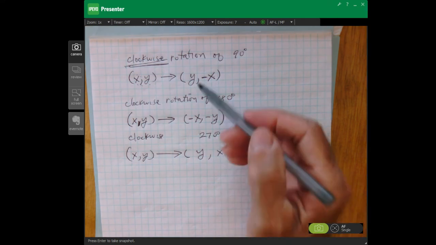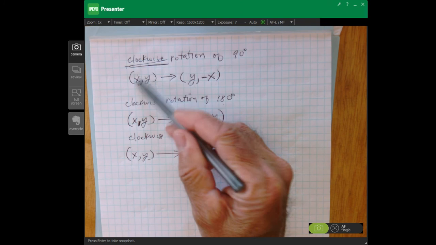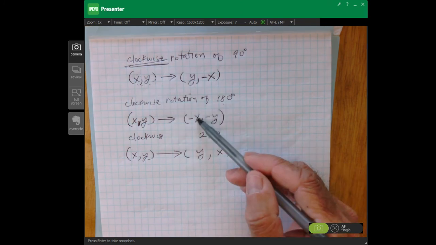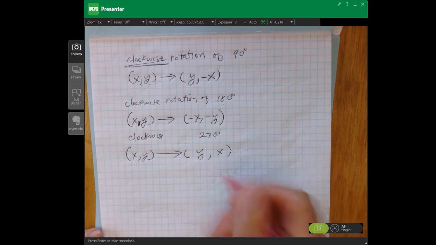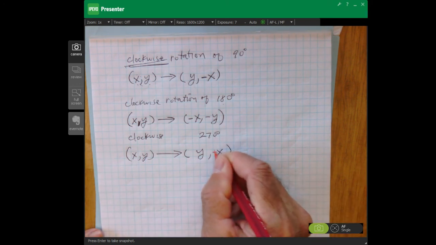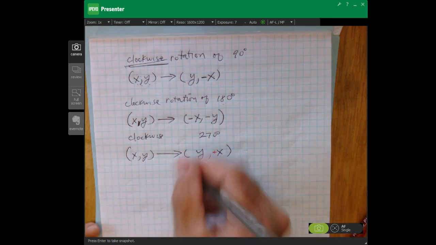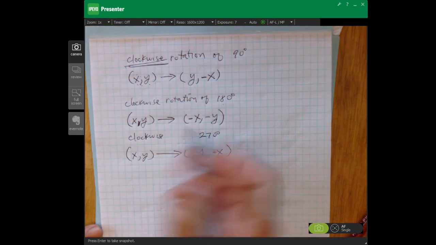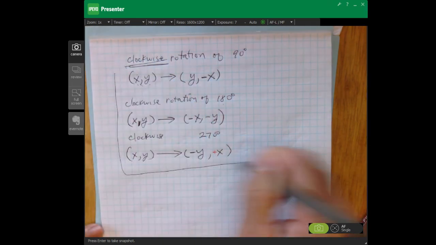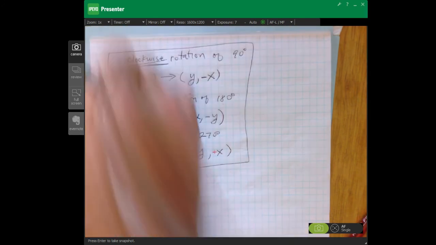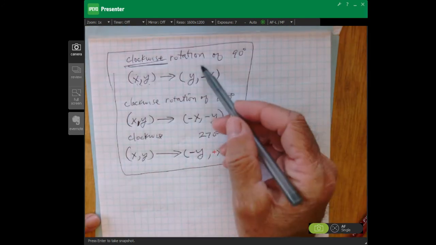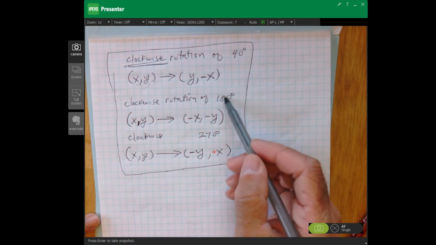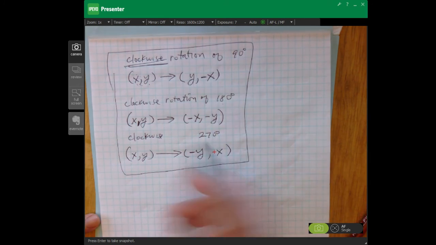And remember, the one that changed was this one as it moves over. So this is going to go from negative to a positive, and then this will stay negative. Okay? So this is what these are going to look like. 90, 180, 270.